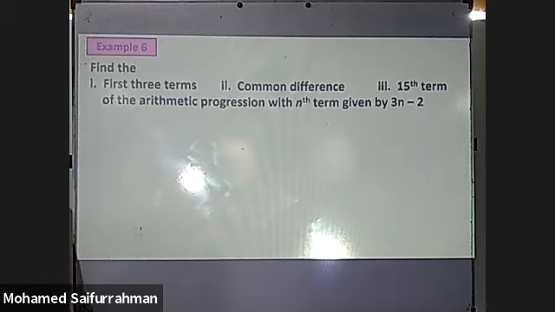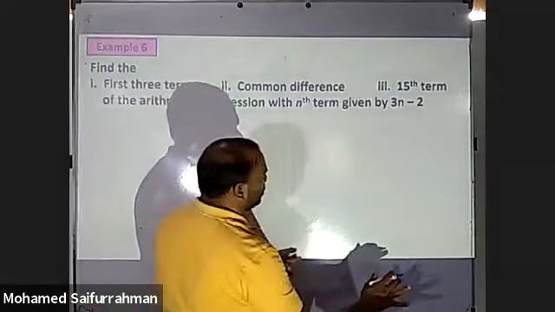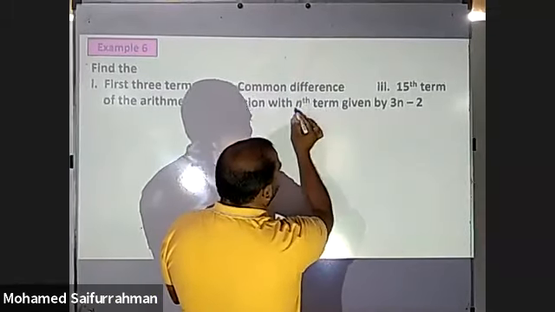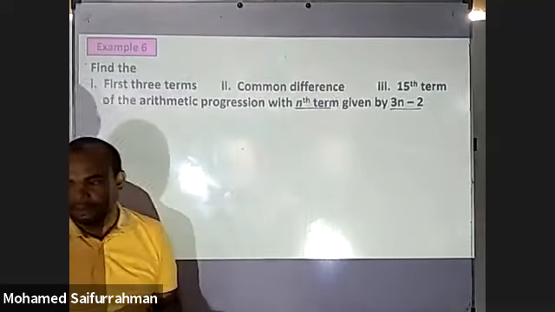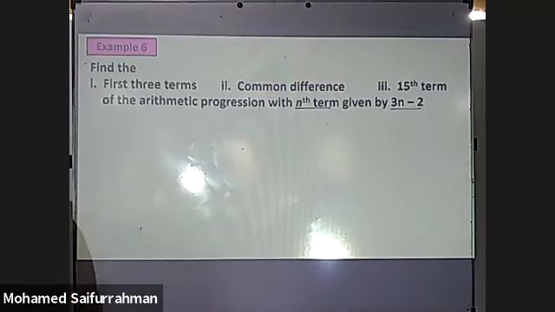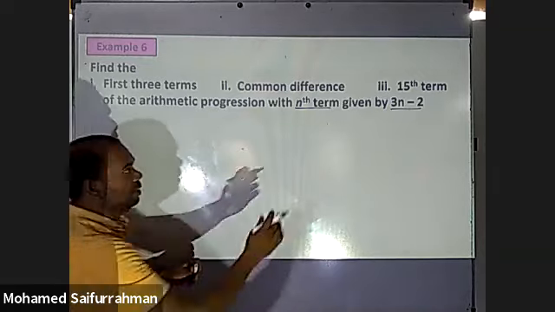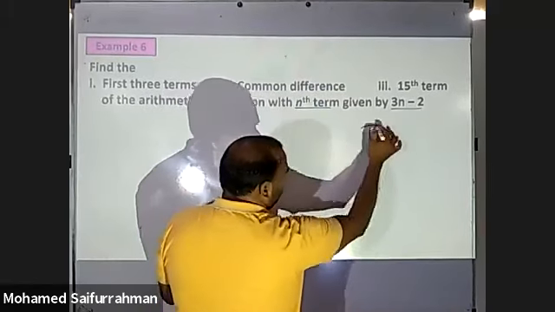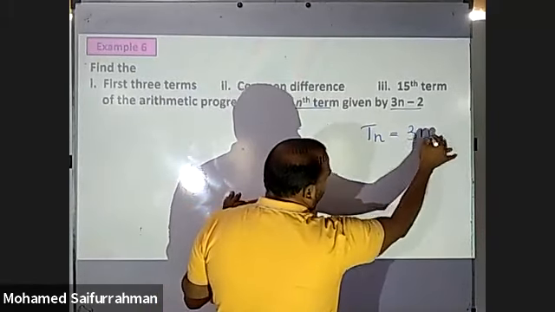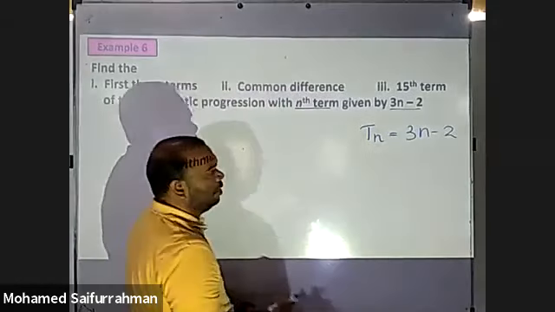Here, the speciality of this question is that a special nth term is given, only for this question. That is Tn = 3n - 2.